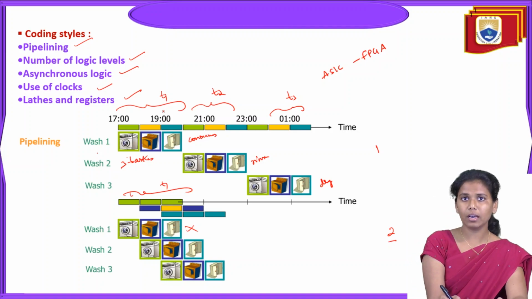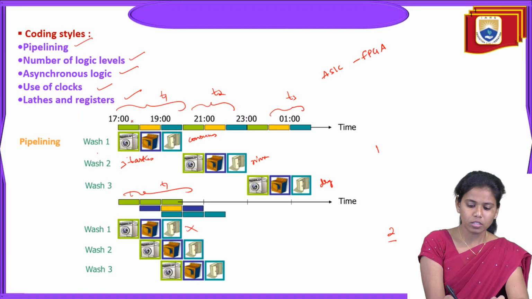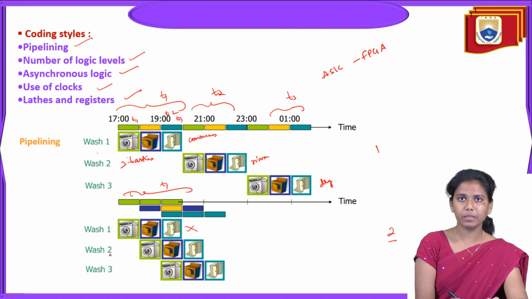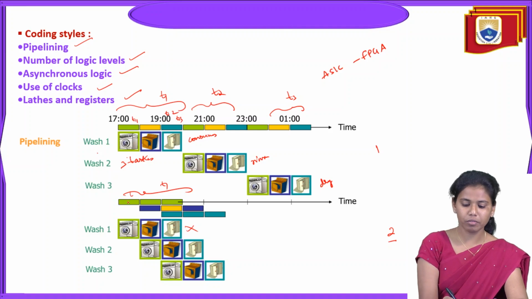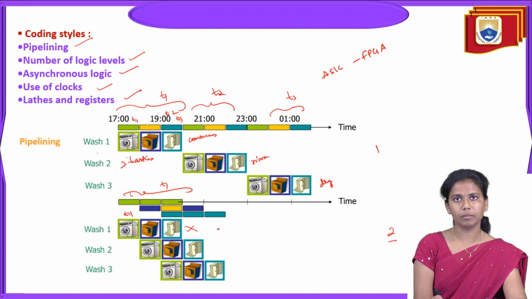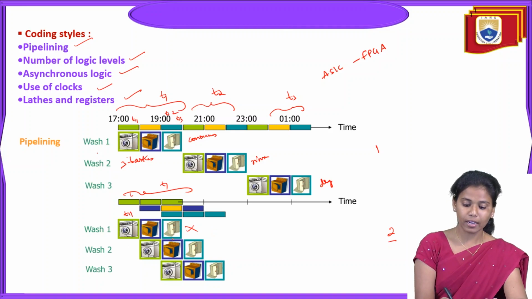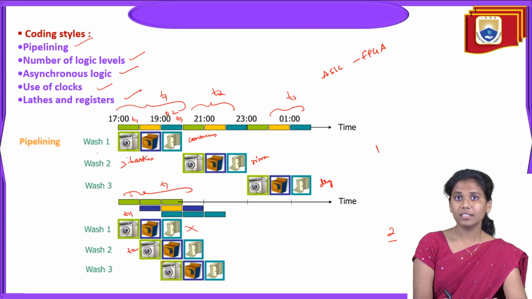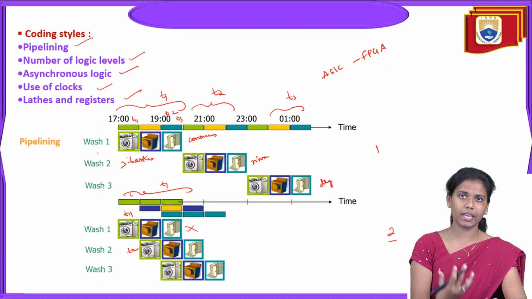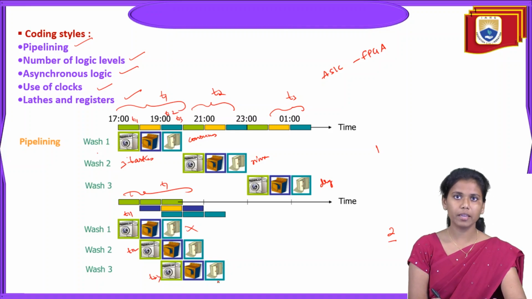So T1 is divided into T11, T12 and T13. At T11, we see task 1 is completed, consuming the detergent. At T12 it starts the second task, that is rinsing, and at T13 it starts the drying part.